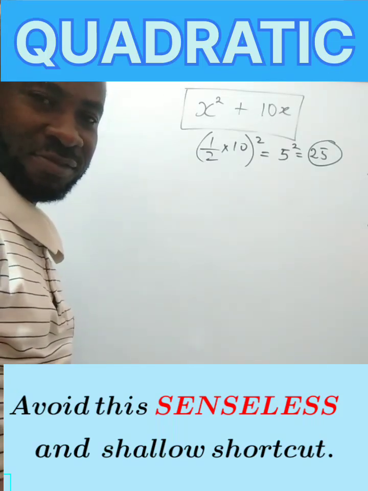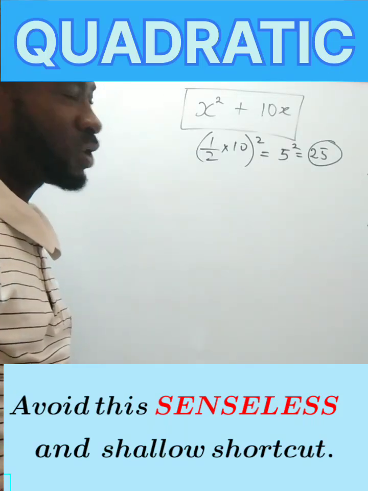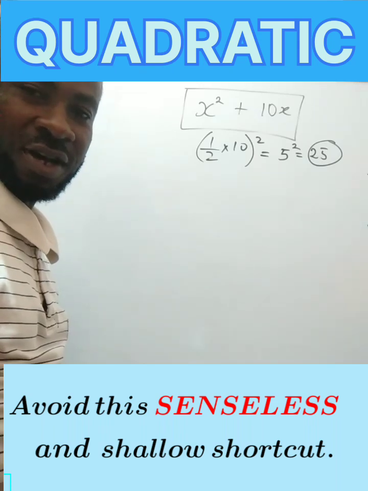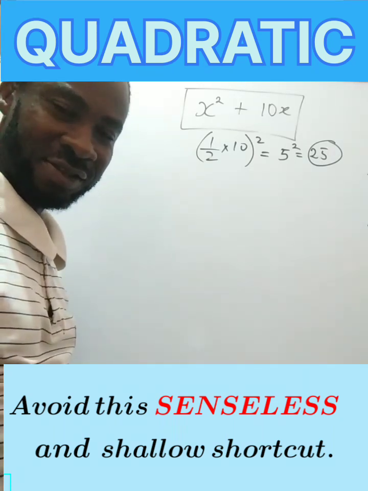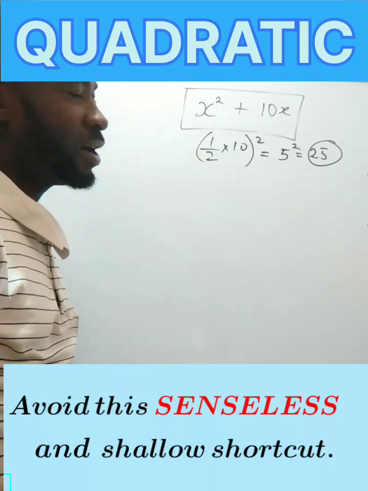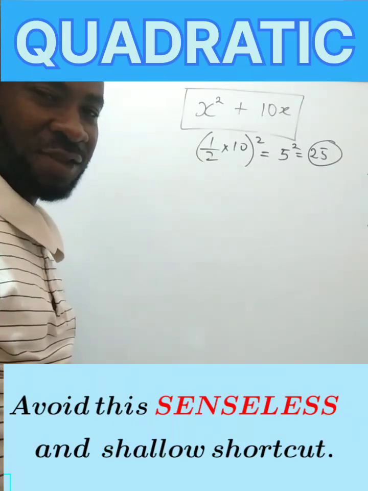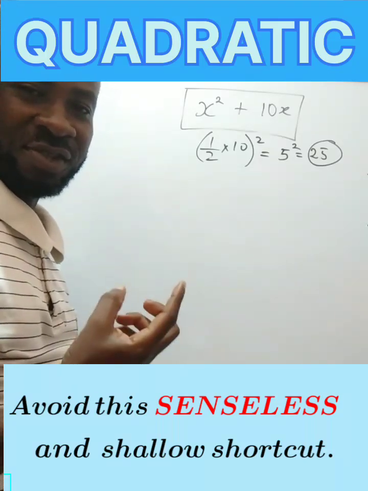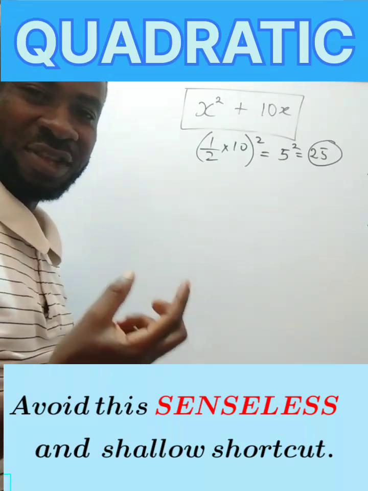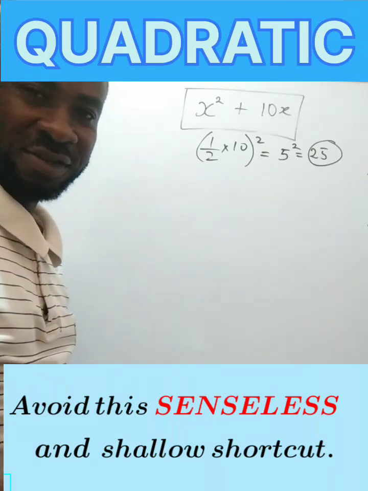This method is what most students use, and sadly this is also what most teachers teach. But the truth of the matter is that if you teach your student this way, you are denying the student the ability to understand the concept behind this.